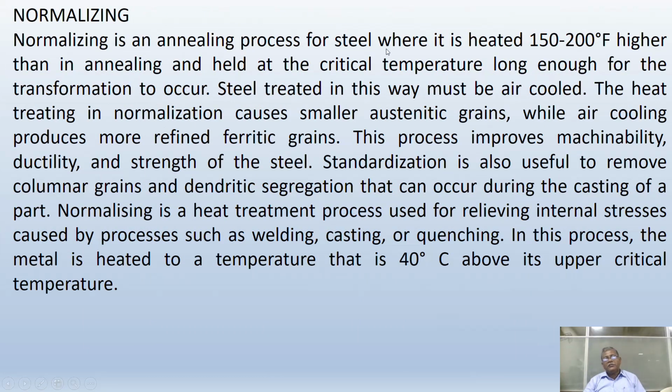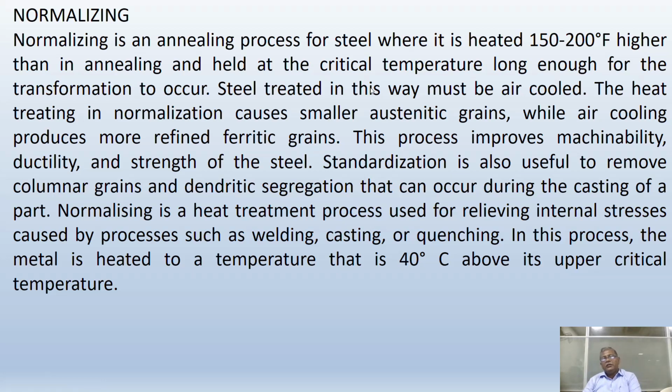Normalizing is an annealing process for steel where it is heated 150 to 200 degrees Fahrenheit, around 50 degrees C higher than in annealing, and held at critical temperature long enough for the transformation to occur. Steel treated in this way must be air cooled.